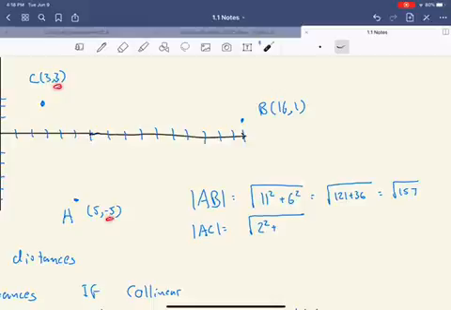How far apart are they? Those are actually 8 apart, right? That's this 8 in that direction. So that's going to be the square root of 64 plus 4, the square root of 68. I should have probably written that as 4 plus 64.